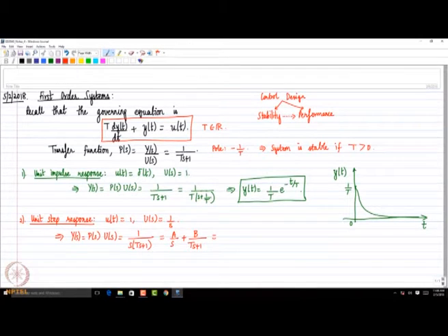What will be A? From here onwards we will just directly start writing the residues. A is going to be just 1: you multiply both sides by s and substitute s equals 0.